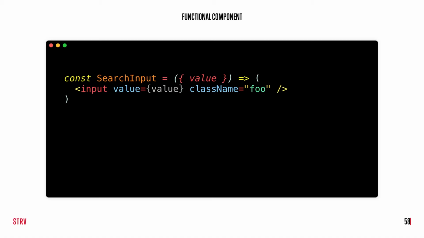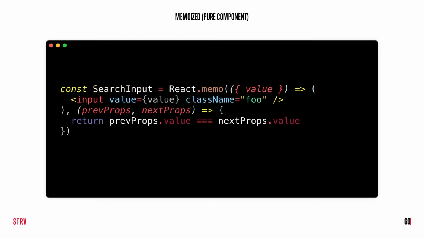So let's say we have this search input, and the only thing we do is wrap it in React.memo. That's it. This is the same as doing pure component. But should component update is more powerful because you can explicitly check what you want. But React Memo has you covered.